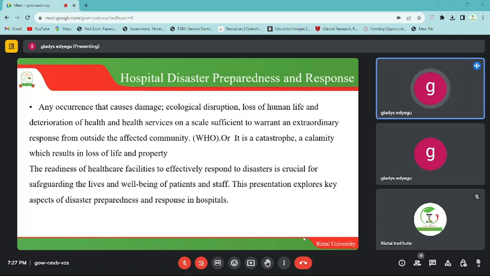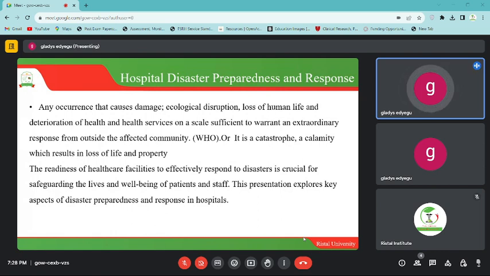This is what you are supposed to understand and know in relation to damage and deterioration of health and health services on a scale that is sufficient to warrant an extraordinary response from outside the affected community. That is according to the World Health Organization.